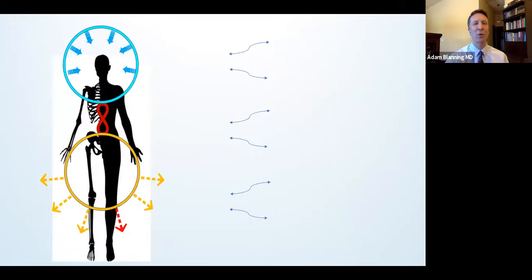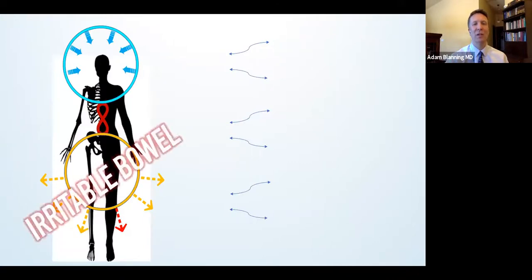Now, if we go to a third example, instead of hypertension or migraine, we're going to look at irritable bowel. And if we start again with basic dynamics, this kind of centripetal constricting activity, we can think immediately of spasm in the bowel, and both spasm and spastic constipation can be part of an irritable bowel syndrome.